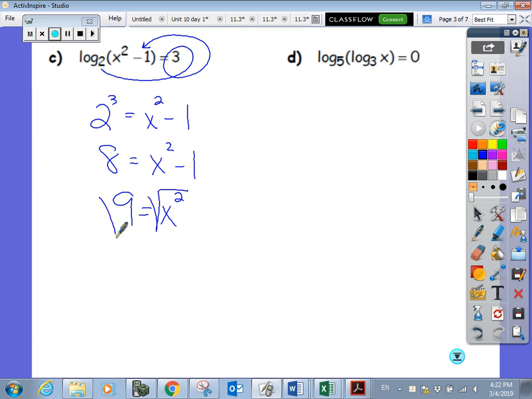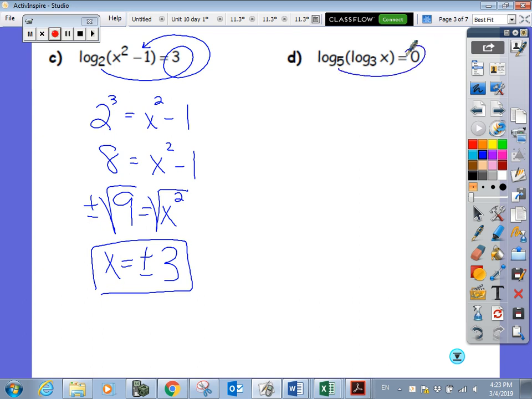Do not forget when you take the square root it is plus or minus, so x equals plus or minus 3. But you always have to check to make sure the argument is not negative. Remember back to Unit 8, when we're doing domain, the argument must be greater than 0, so it must be positive. Well, if I plug in 3 and I square it, I get 9 minus 1. Negative 3 squared, I get 9 minus 1. So both of those work.